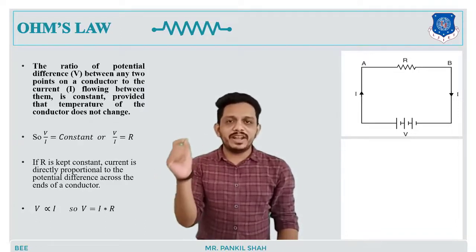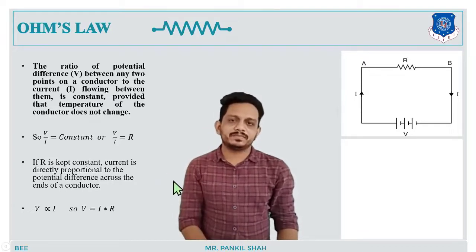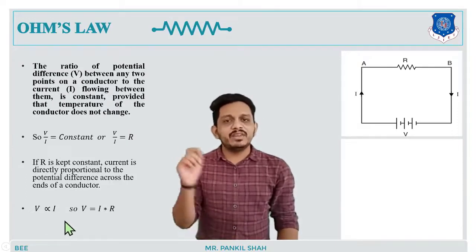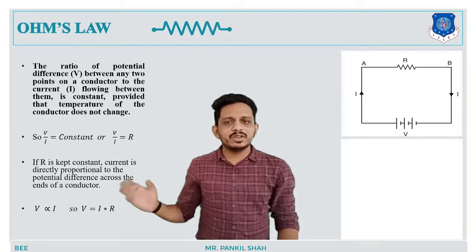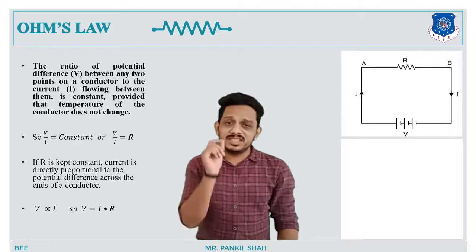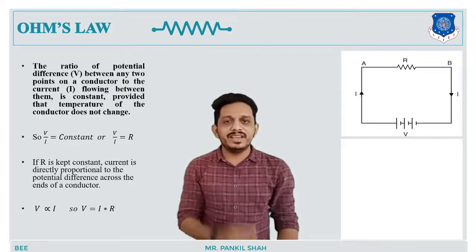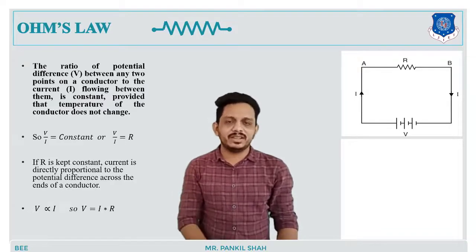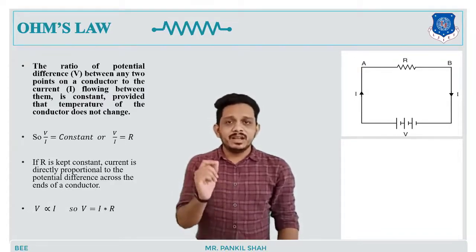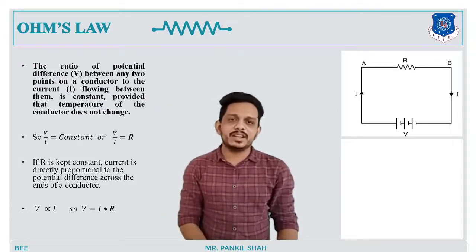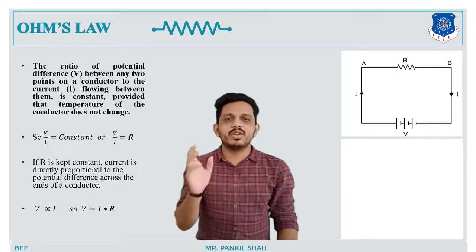So V is proportional to I, and if we remove the proportionality, then V equals IR. We have seen this equation often in many examples and theories, because this is the most used relation in the electrical branch. V equals IR is the basic relationship, and this is nothing but Ohm's law. But there is a limitation of Ohm's law, which you have seen in the statement itself: the temperature of the conductor should remain constant.